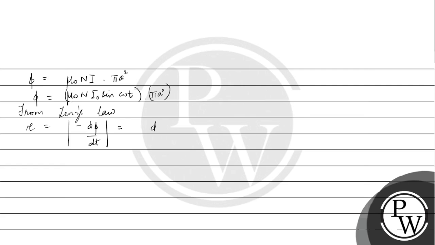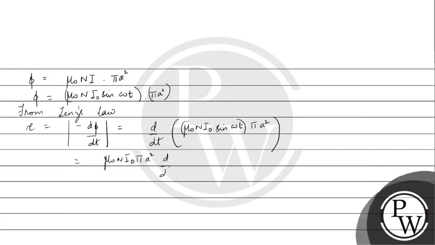So this is d by dt of mu naught n I naught sine omega t into pi A squared. तो mu naught n I naught pi A squared सब constant है, तो they will come out, they will not get differentiated.